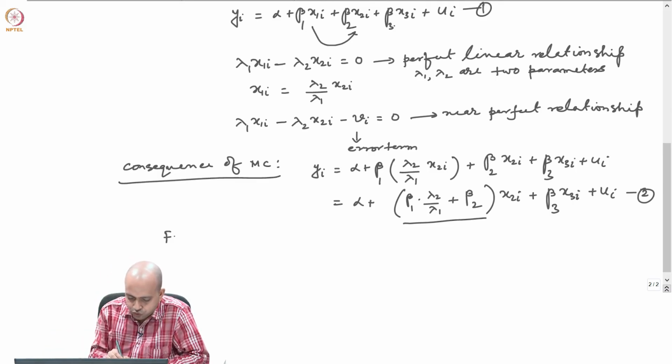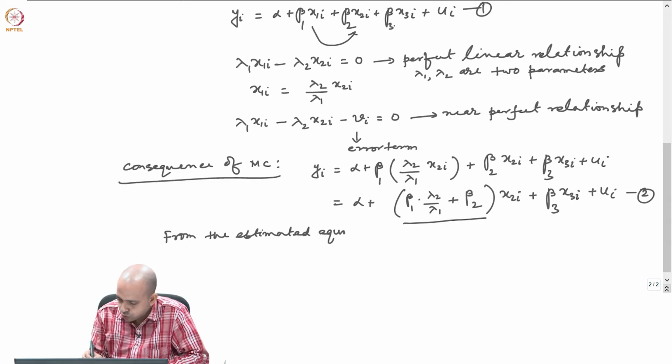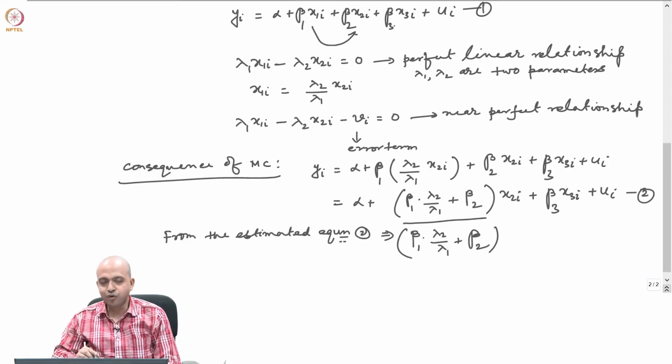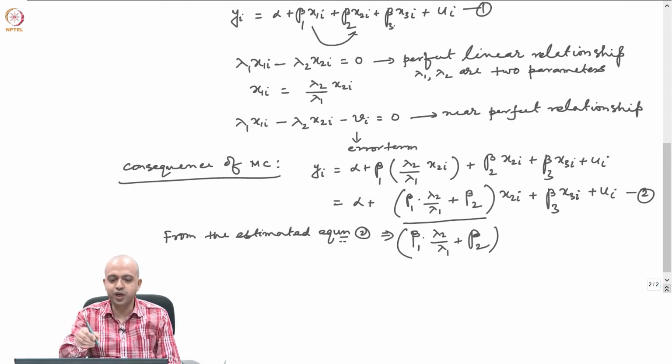So, from the estimated equation 2, what you will get is beta 1 into lambda 2 by lambda 1 plus beta 2. That means I will get only the combined value of beta 1 and beta 2, while my objective was to get beta 1 and beta 2 separately.